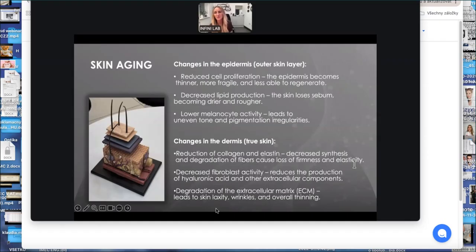We have to educate the patient, I would say, from the basics, because sometimes I think we approach them and we think they know exactly the same amount of information we have, and they don't. Most of the people don't even know that from age 25 to 30 we're losing around 1% of collagen every year.